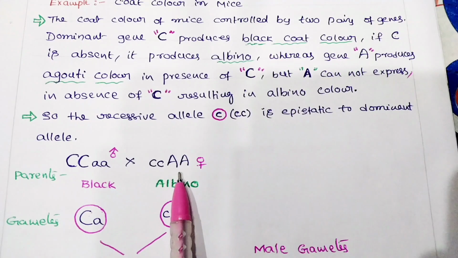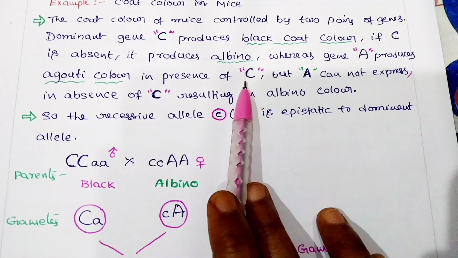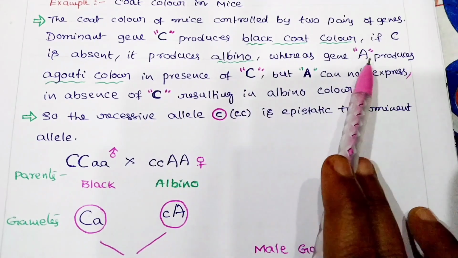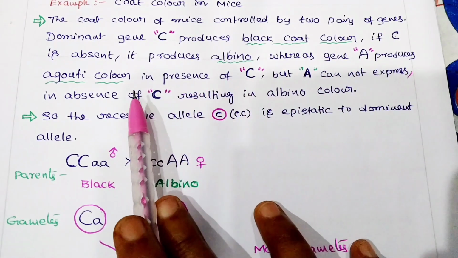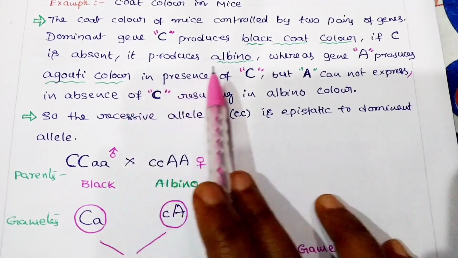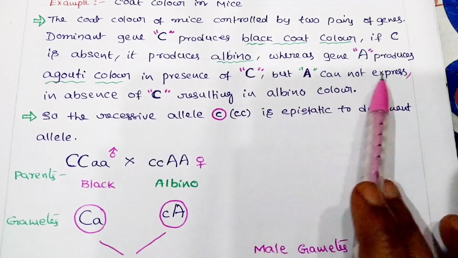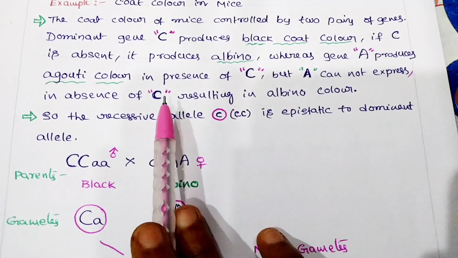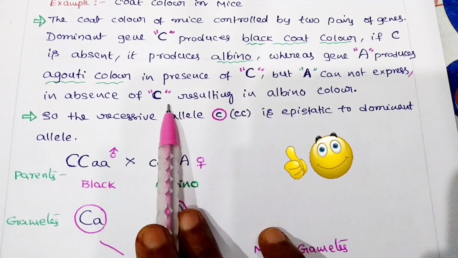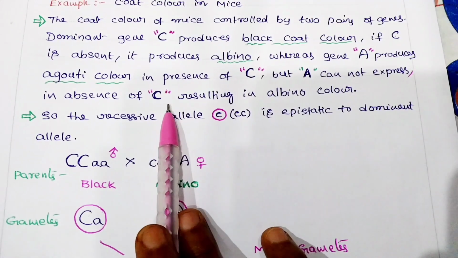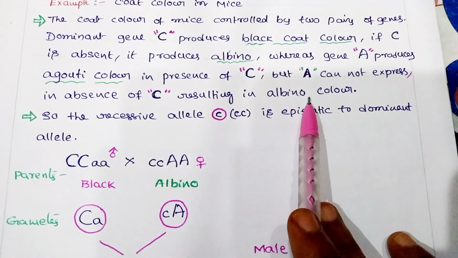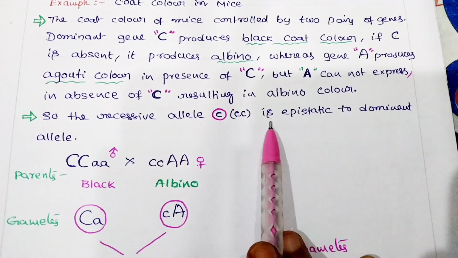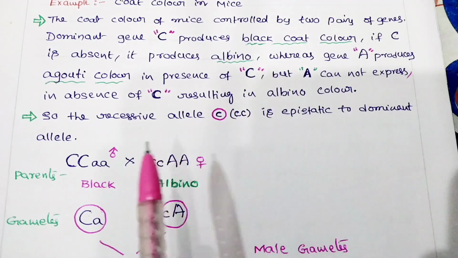Capital A produces agouti color in presence of capital C. When capital C and capital A are present in a single individual, they produce agouti color. So A cannot express in absence of capital C. That means if there are two small c genes, the resulting individual is albino. That means recessive allele small c is epistatic to the dominant allele.